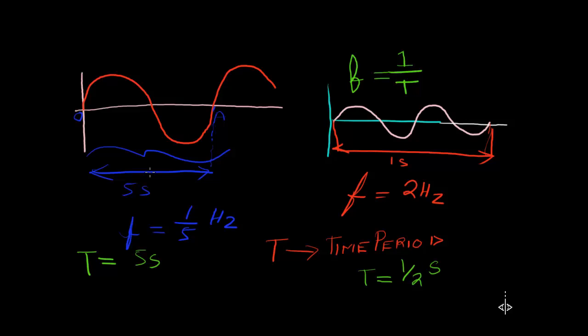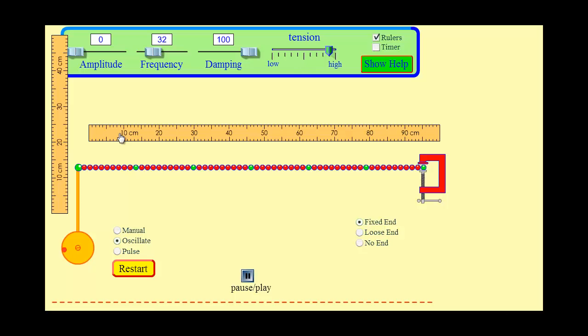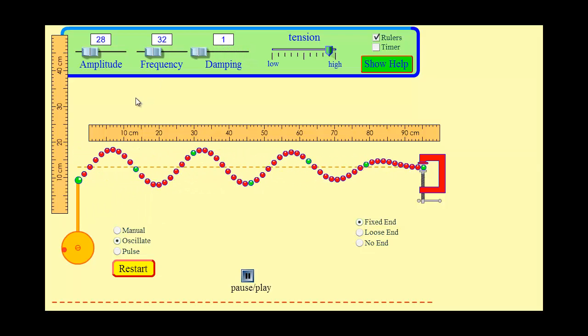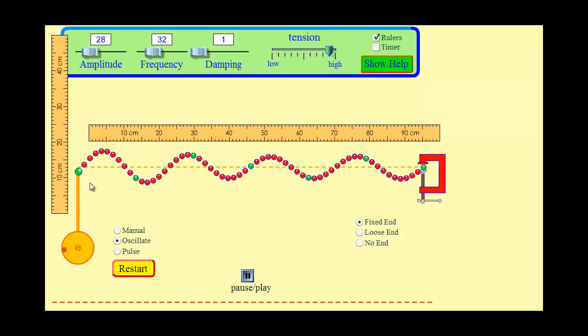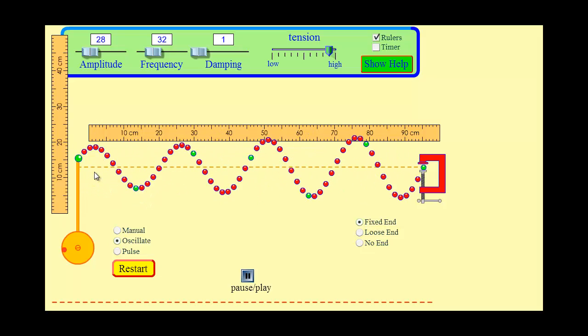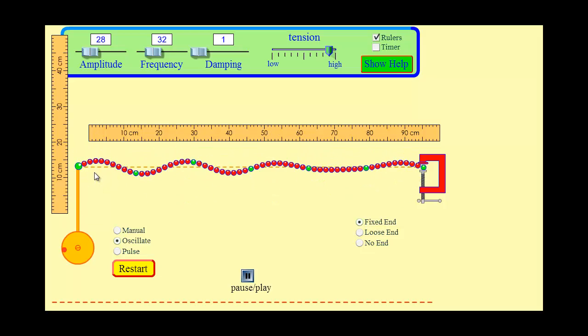Now let us get back to the simulation again to understand frequency better. Now, as I said, let us try to figure out what frequency and time period is from this simulation. So we have to start the wave. As I said before, if we follow one particular particle, we'll see that it completes a cyclic movement.